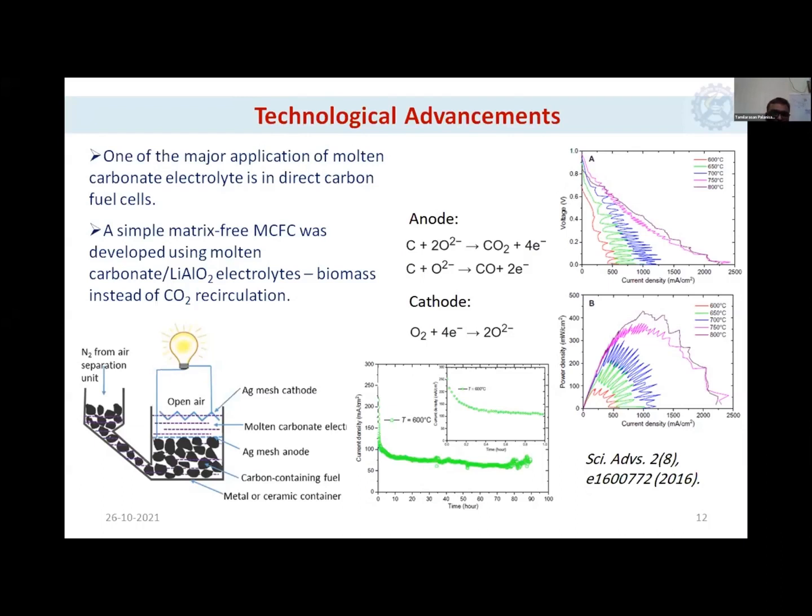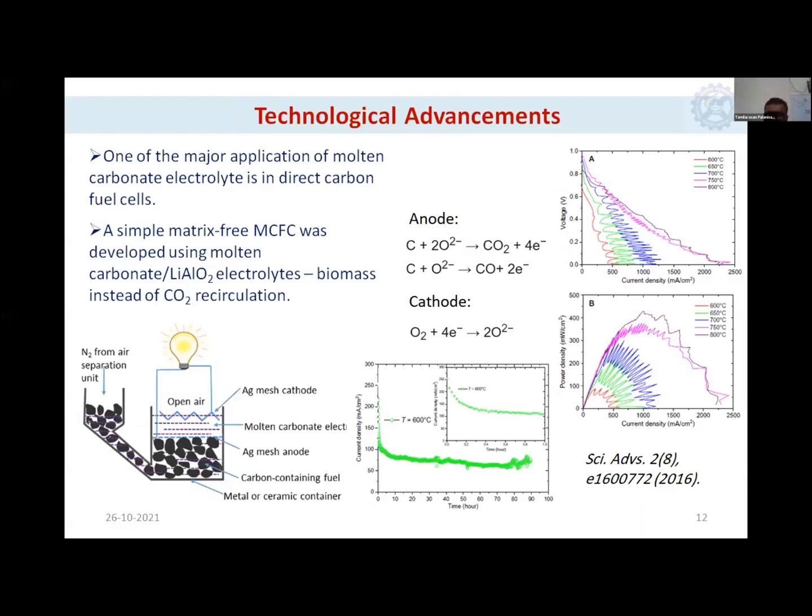Now they used silver mesh as both cathode and anode electrodes, and based on this reaction, they obtained a closed circuit current density almost close to 2500 milliampere per centimeter square. That means 2.5 ampere per centimeter square.